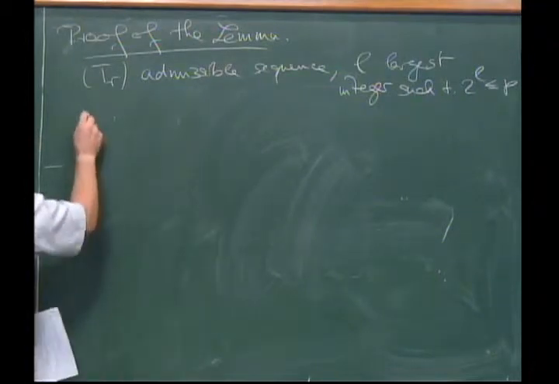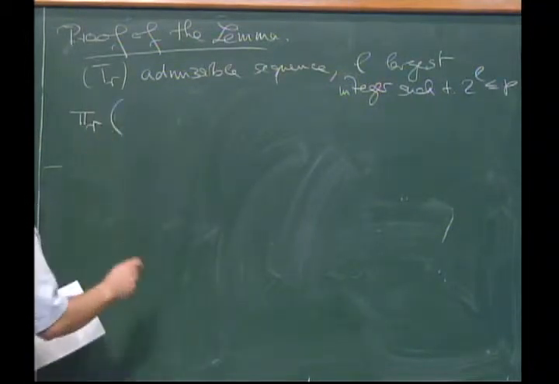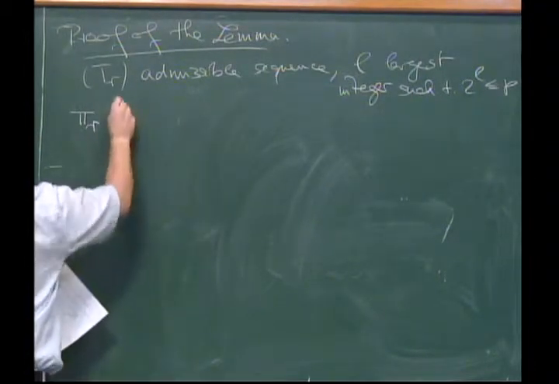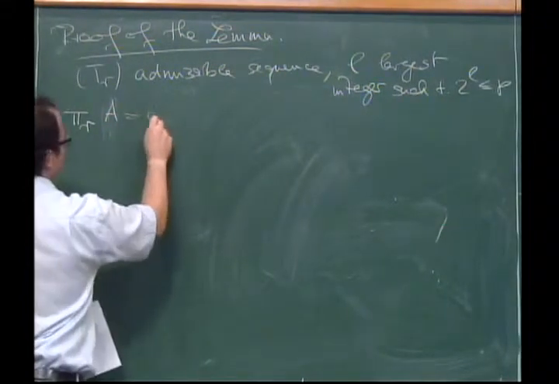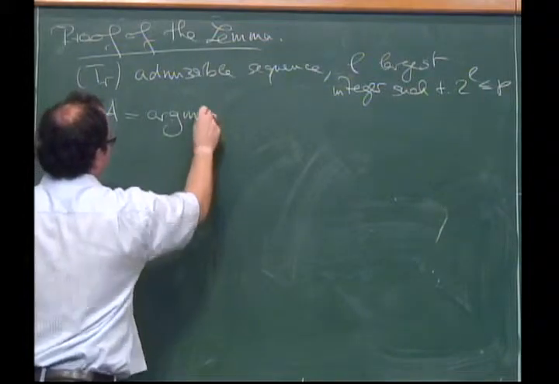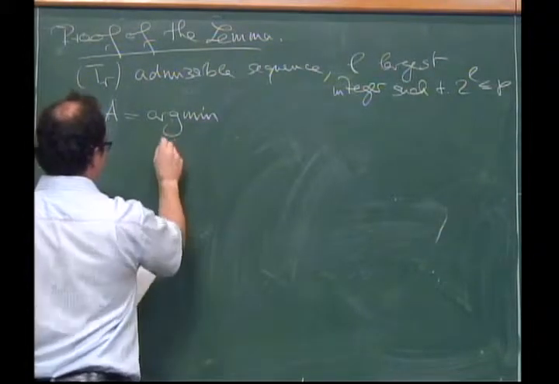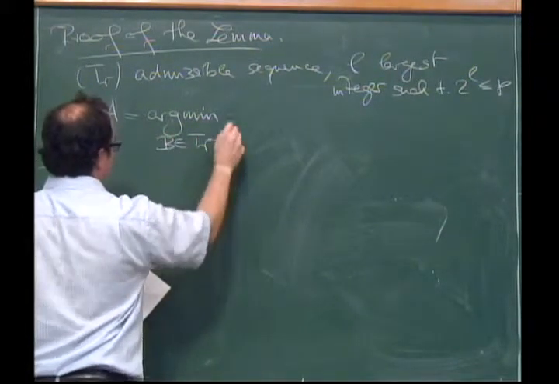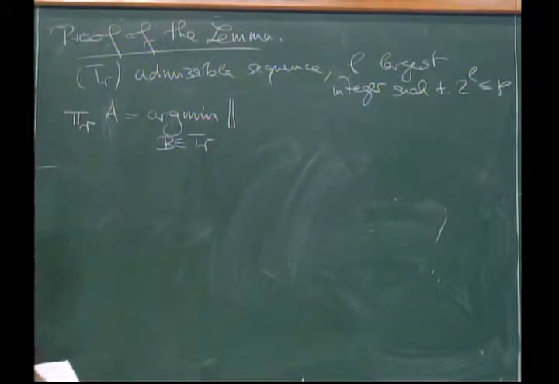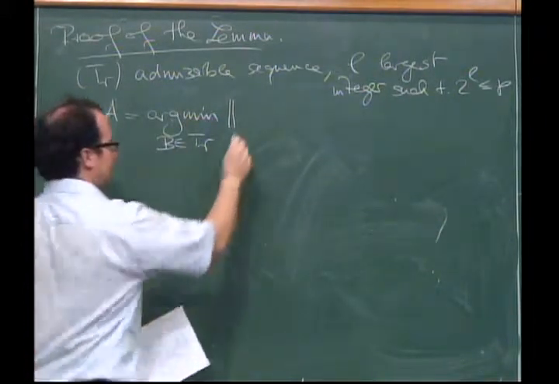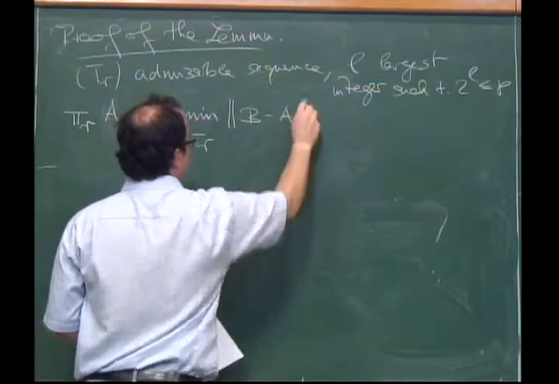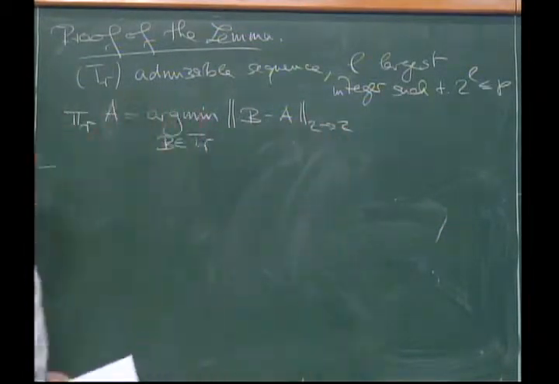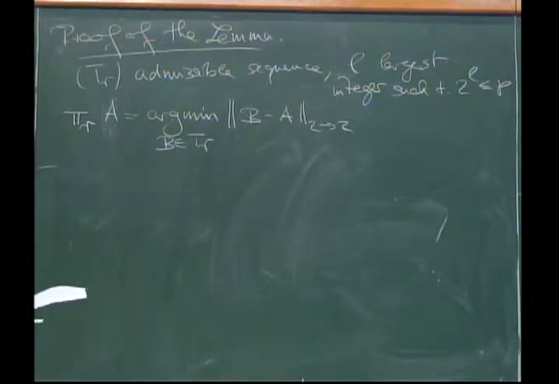And we introduce the notation pi_r of A to be the closest matrix to A from the set T_r, B minus A in the operator norm.